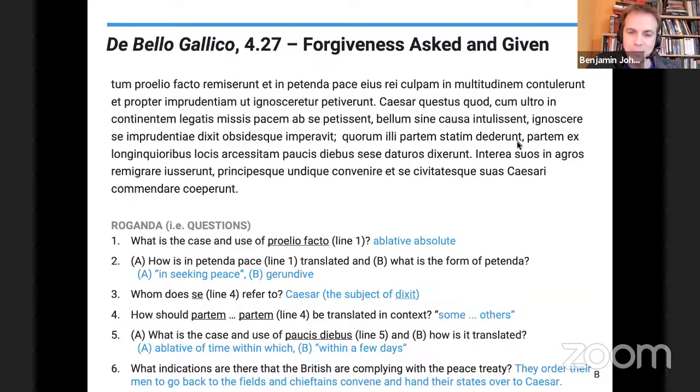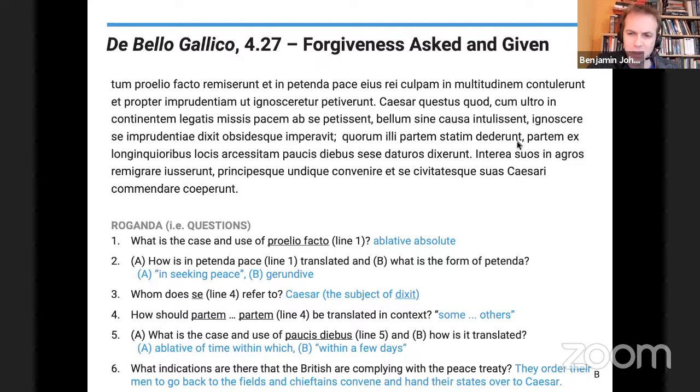Partem partem. So we're talking about the hostages here, of whom they gave some, and that's the first partem, and immediately the second, and others that had been summoned from further away places, they said, dixerunt, that they would give within a few days. And so we would translate partem partem as "some, others".